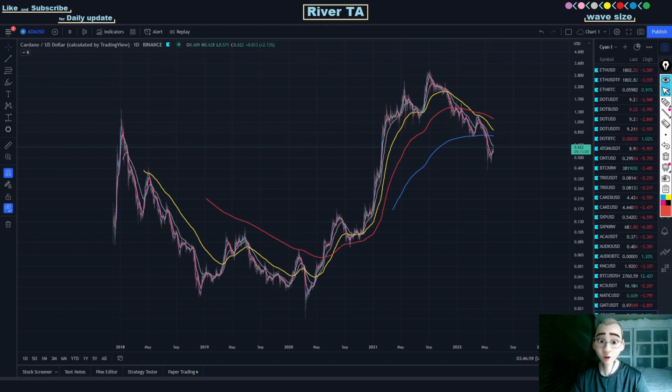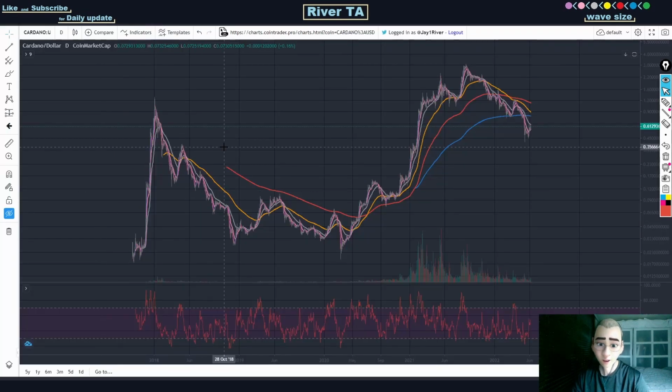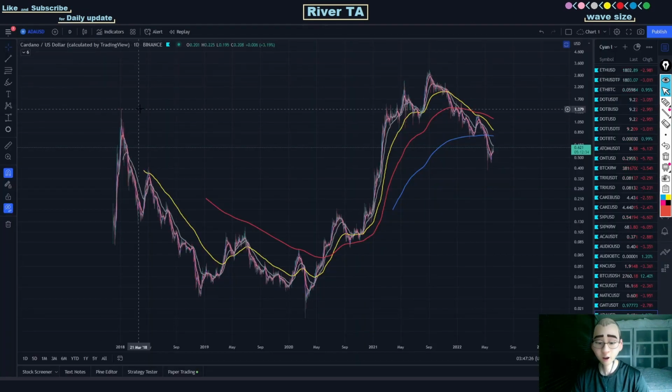But if you actually have a look at the TradingView chart from CoinMarketCap, Cardano actually started in October 2017, and even after the flu dump, the price action of Cardano didn't drop below the starting point. So we can say that this whole structure of Cardano, this whole price action, is actually valid as an Elliott wave theory. So let's go back to our main chart from TradingView and let's apply the same price action. So something like this.